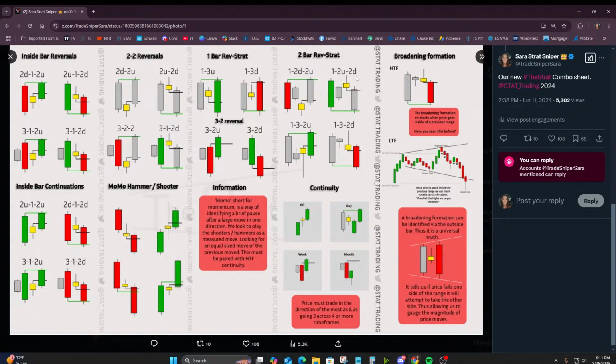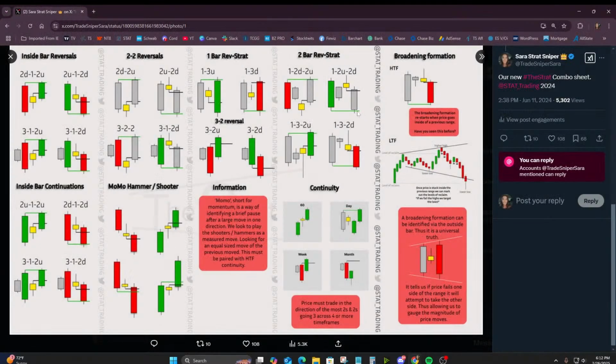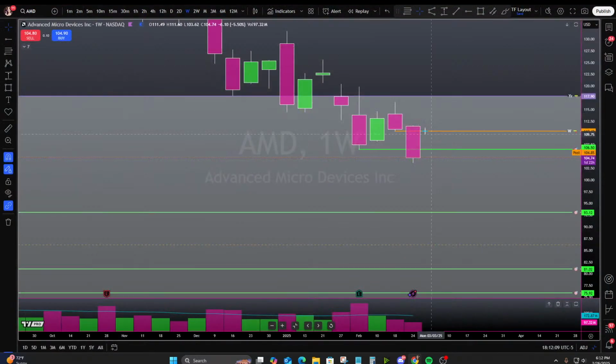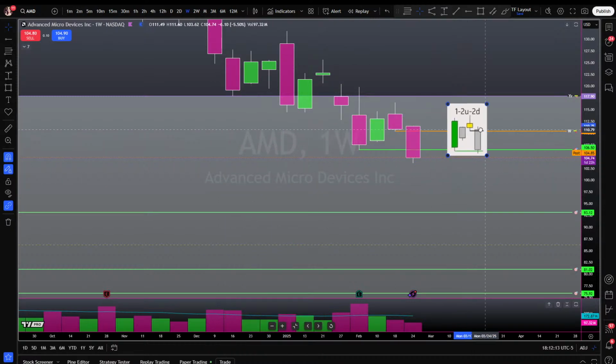Trying to find the rev strat. Here you go, right here. See this? 1, 2 up, 2 down. That's the target. And you can clearly see it's literally exactly what happened, right?